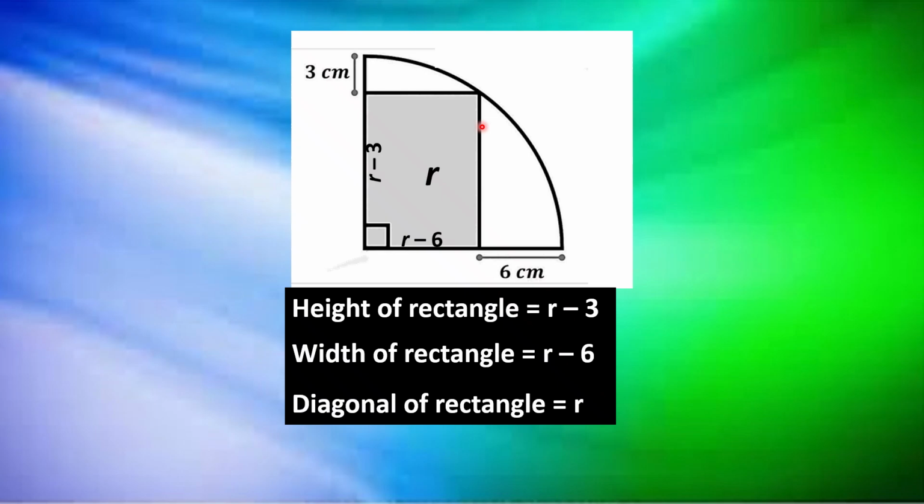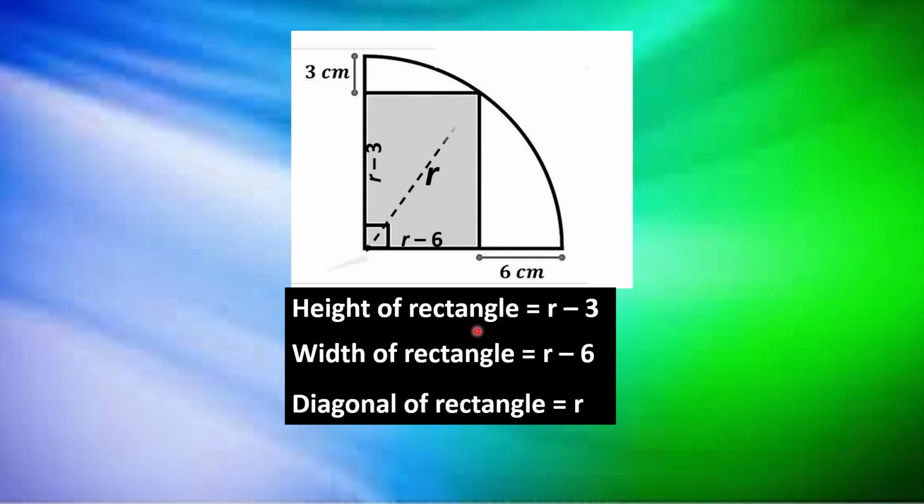Now draw the diagonal. Again see the dotted animated line. This is the diagonal and also the radius. The diagonal of the rectangle is also the radius of the quadrant from the center to a point on the arc. So the dotted line is the diagonal and also the radius.